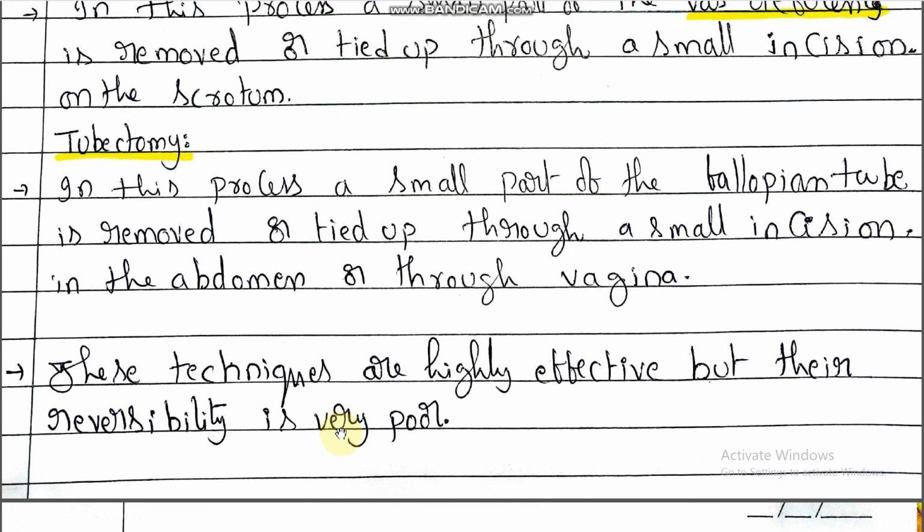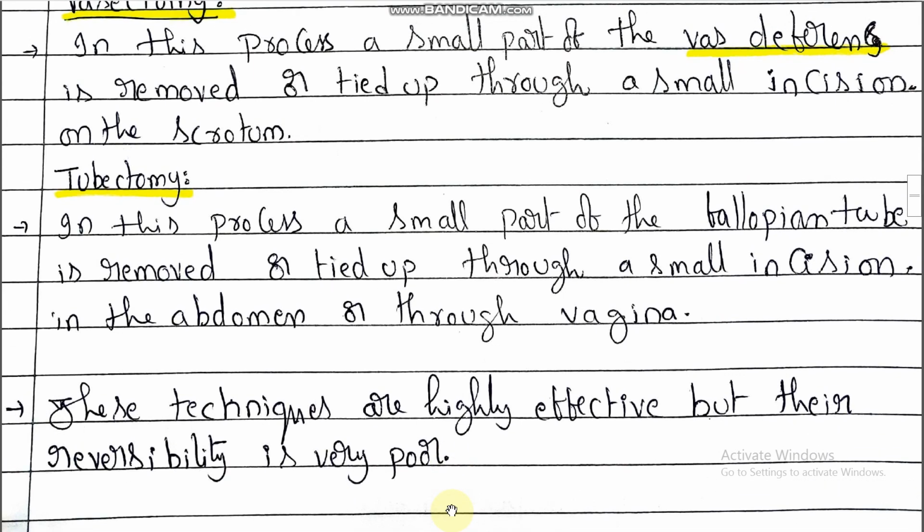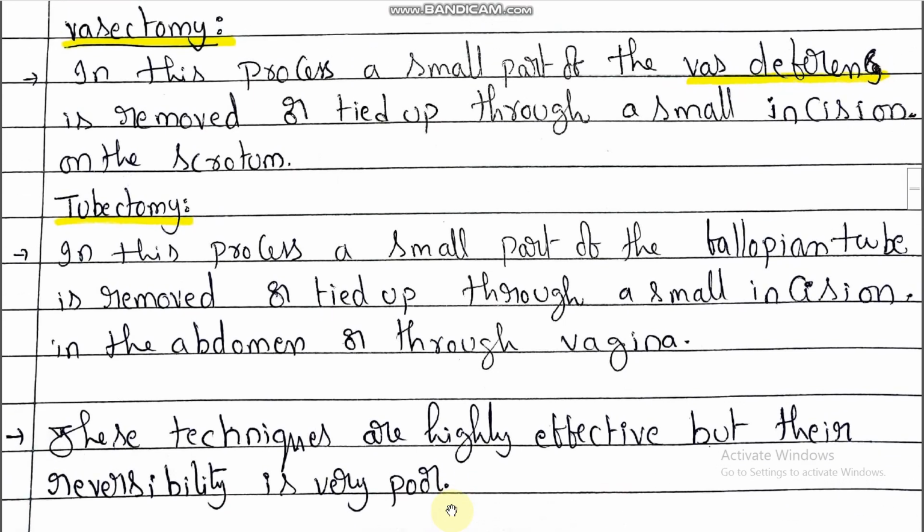If they again want children, it is a very tough job, because once they have undergone tubectomy or vasectomy, the reversibility is very poor. So before undergoing vasectomy and tubectomy, they need to think. If the couple does not want children further, they should undergo either vasectomy or tubectomy.